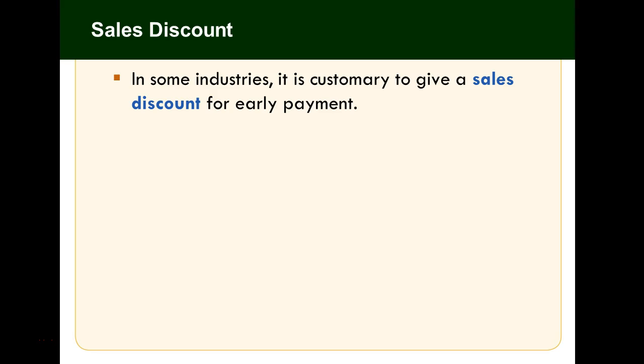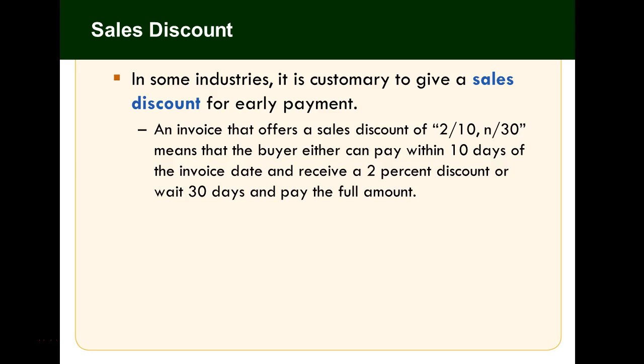It's common to have sales discounts if people pay early. An invoice that offers a sales discount of 2/10, net 30 really means the buyer, if they pay within the first 10 days, gets a 2% discount off the invoice price. Otherwise, they pay the full amount within 30 days.